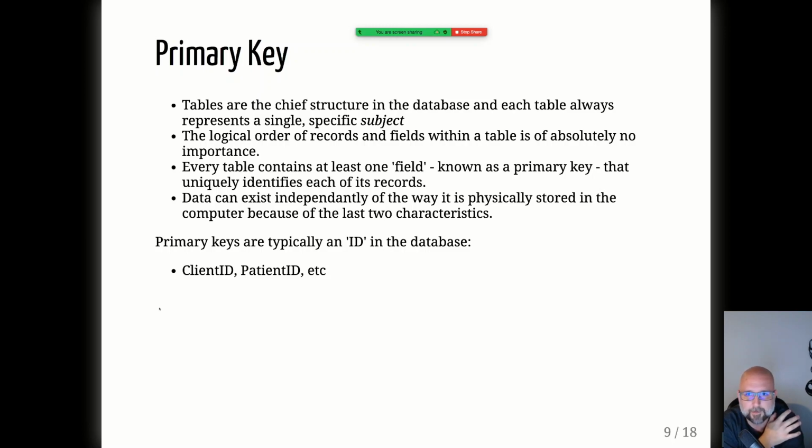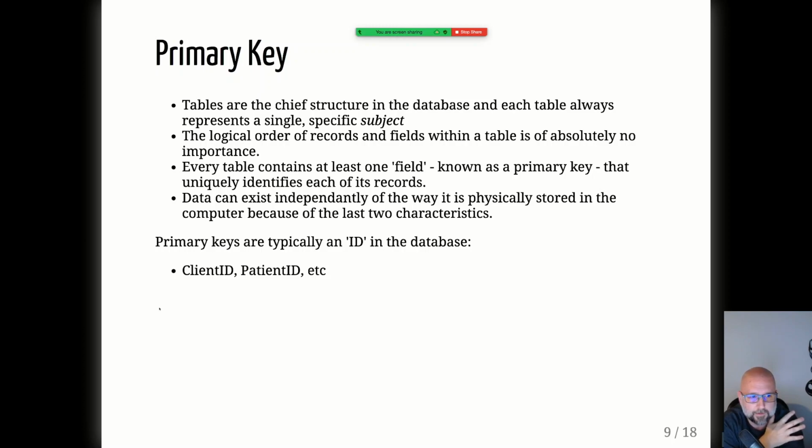The purpose of a primary key is to identify a unique record within that table, a unique tuple in that table. You will regularly see the examples having things like client ID or patient ID, car ID, manufacturer ID, all those things. That is basically the standard way of defining a primary key for a table.